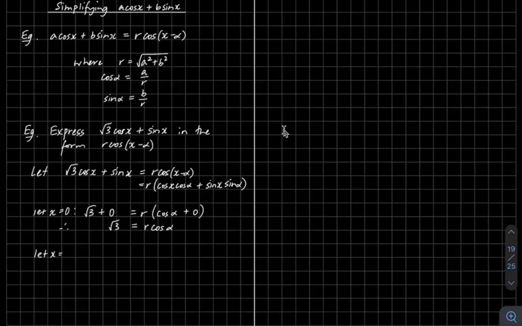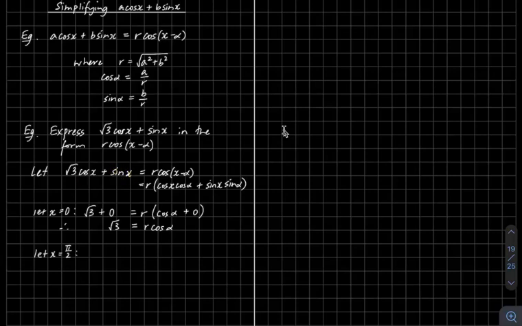Now if we do a similar thing, but this time let's let x be equal to, well, I guess the principal value of x that will make cos be 0 would be pi on 2. There's obviously an infinite number of possibilities there, but the first and probably most obvious would be pi on 2. So anywhere we see a cos x now, that term is going to be 0, and sine of pi on 2 is 1.